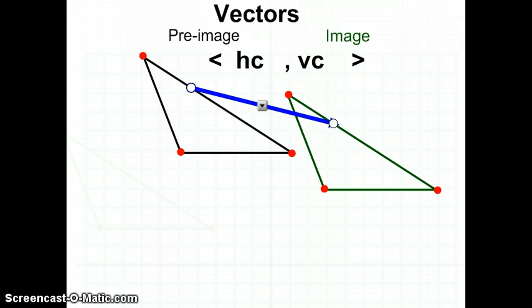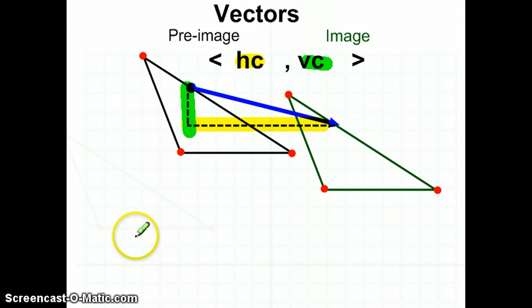So that can be represented by this horizontal line. The horizontal component is the horizontal distance from the initial point to the terminal point. And the vertical component is the vertical distance from the initial point to the terminal point. And that will describe this particular vector.